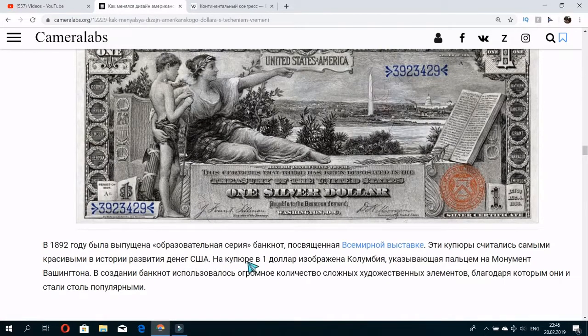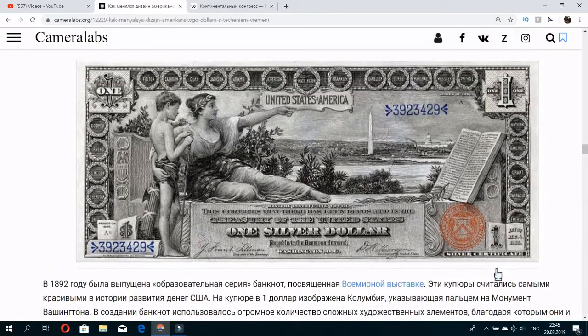And on the banknote of $1 there is Columbia that points on the monument of Washington. The creation of banknotes demanded a lot of complex art elements, and with those they became so popular.